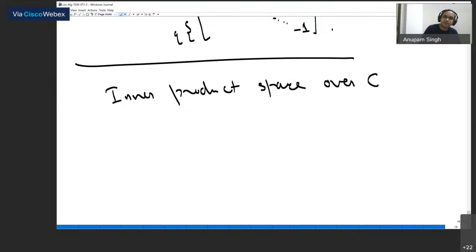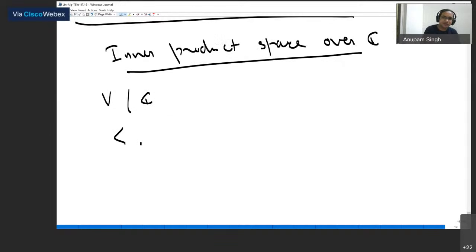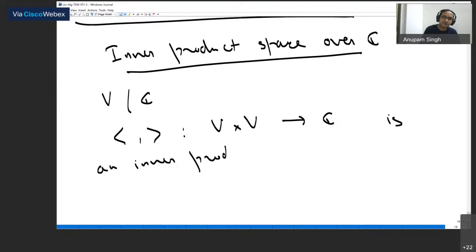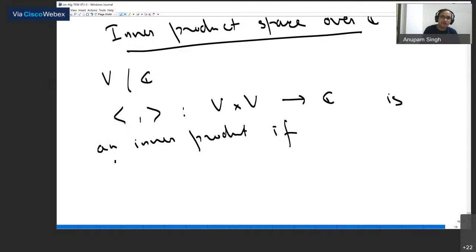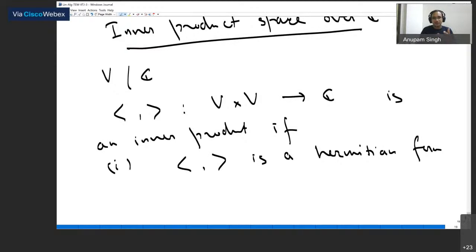So we have a vector space V over C, and we usually use this notation: from V cross V to C is an inner product if, number one, this is a Hermitian form, meaning it is a sesquilinear form and bar symmetric basically.